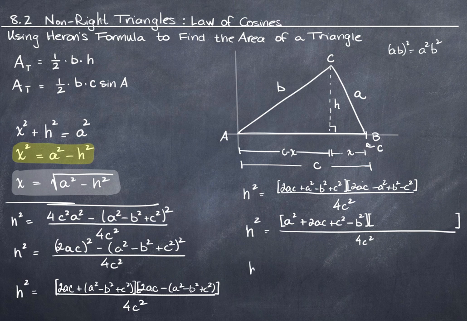And I'm going to rewrite this first factor as a plus c all squared minus b squared. That's following that pattern here. Let me just write it up here. I'll write it as plus this time. A plus b all squared equals a squared plus 2ab plus b squared.